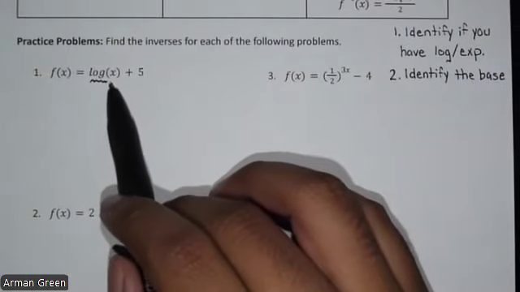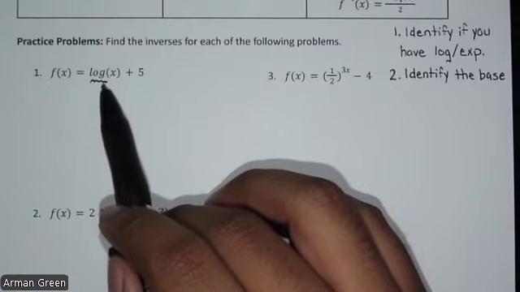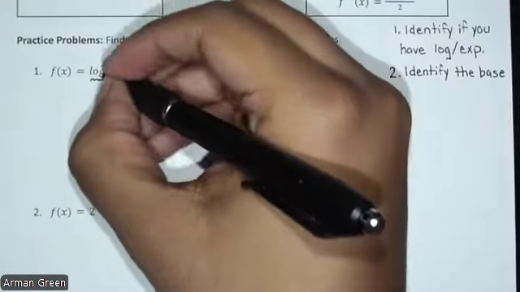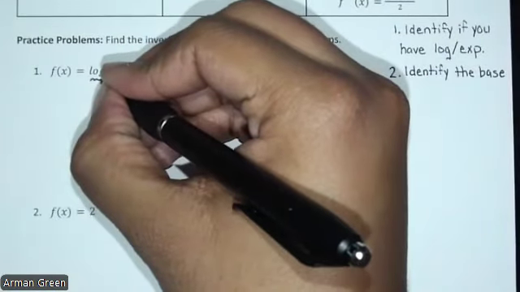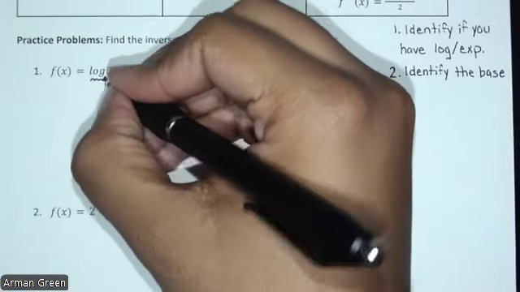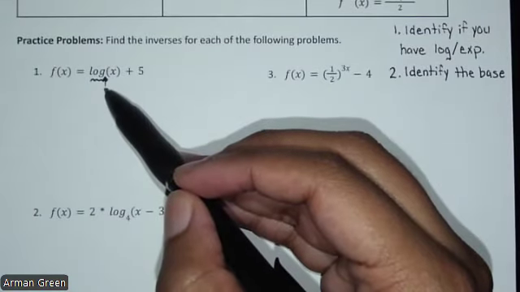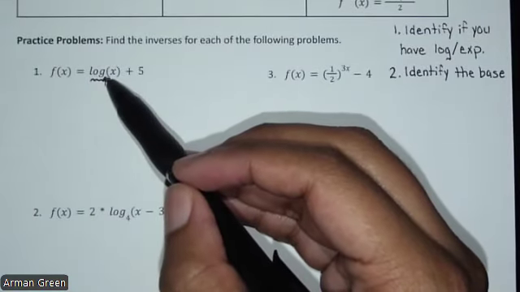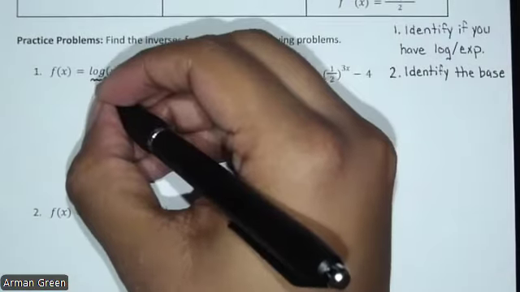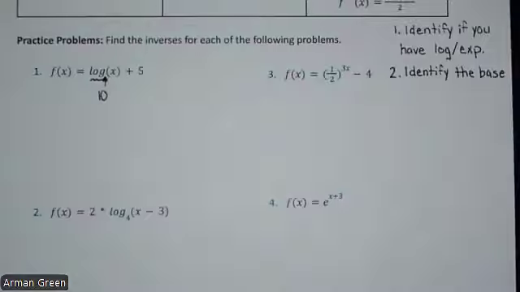So if we look at this function here, we're trying to figure out, what's the base? Normally we have a base that goes right here, but note here, there is not one. We have talked about when it comes to logarithms, if no base is given to us, we assume the base is the number 10. So our base here is 10.